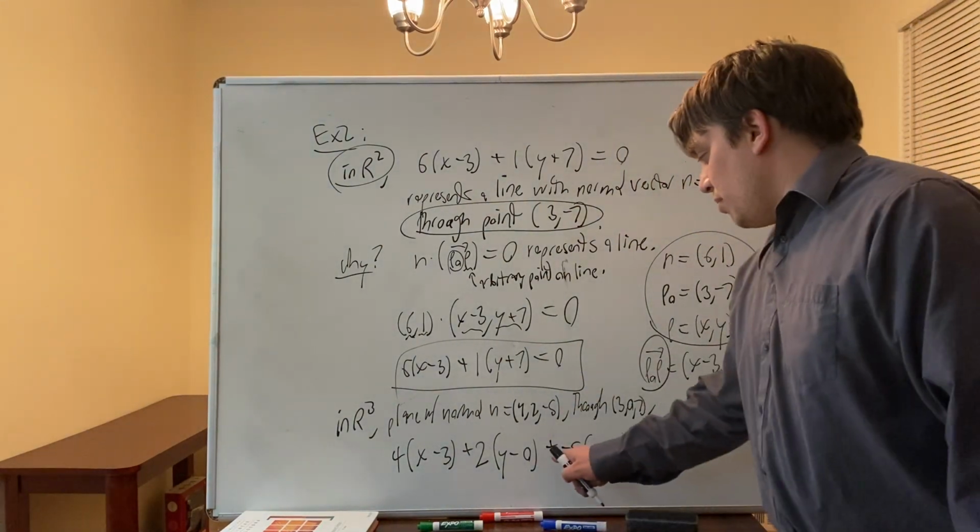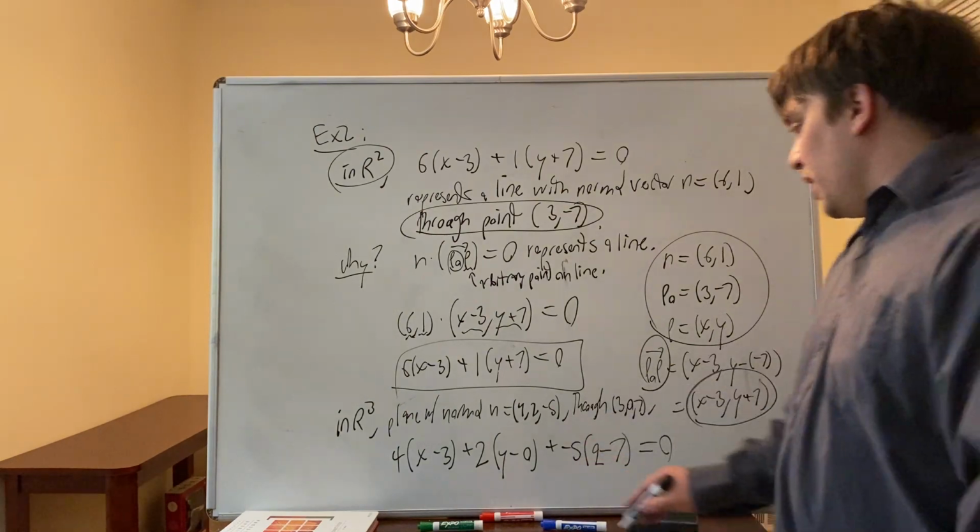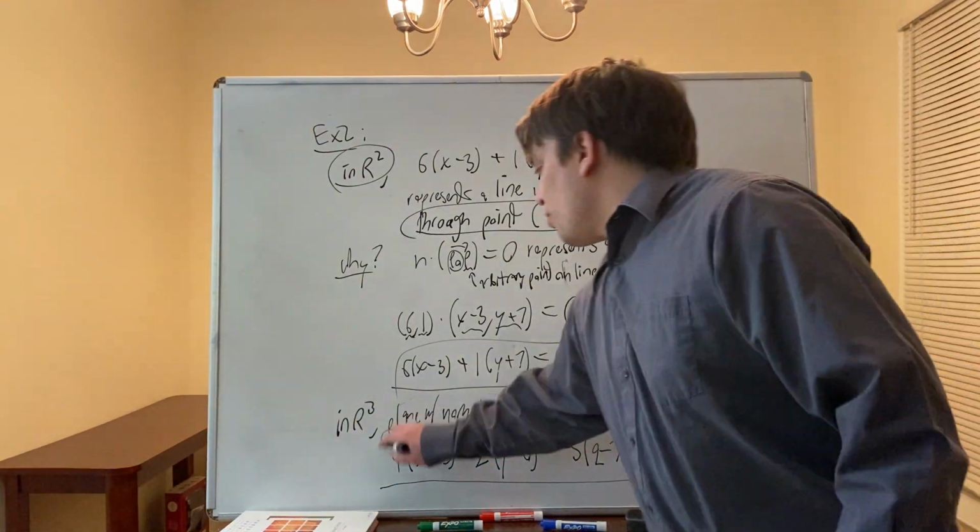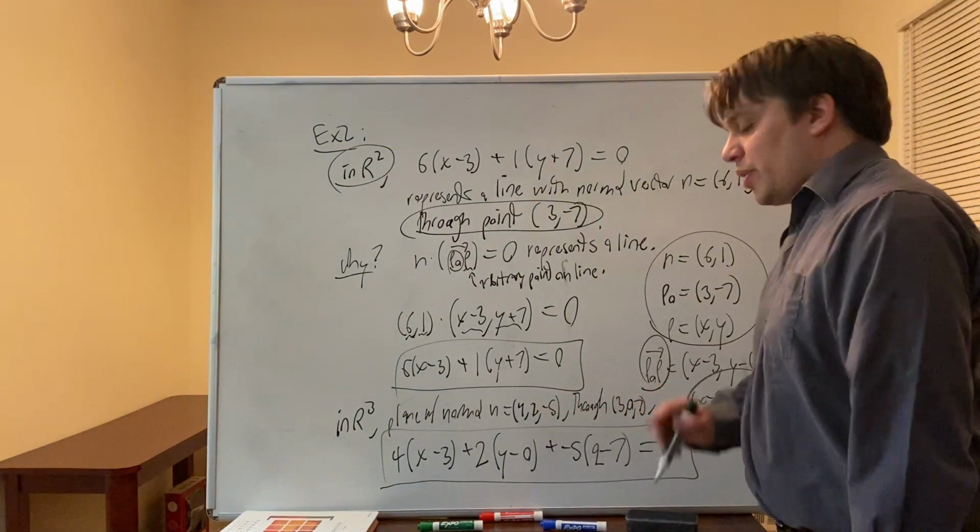And so this is the equation that would represent the plane with that normal going through that point.